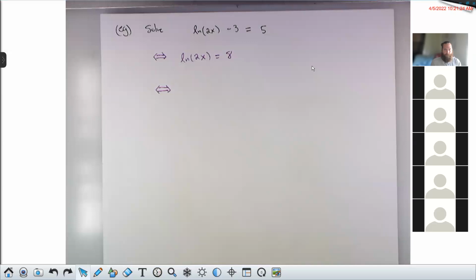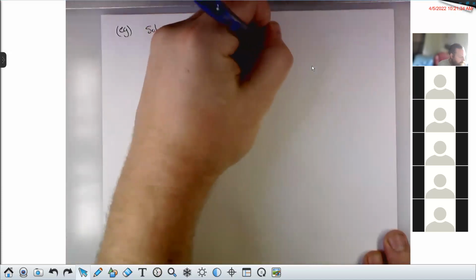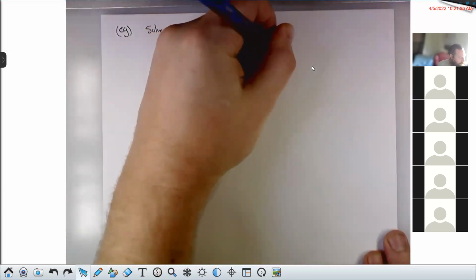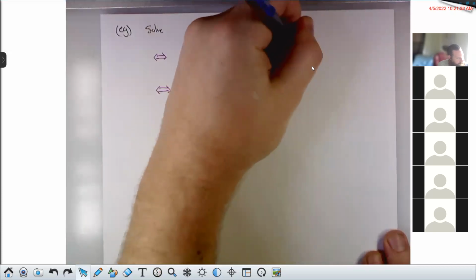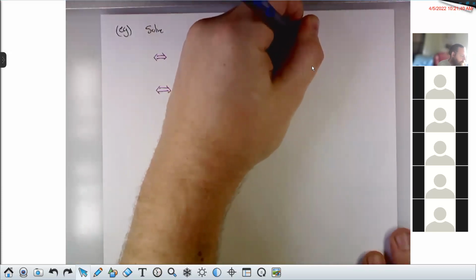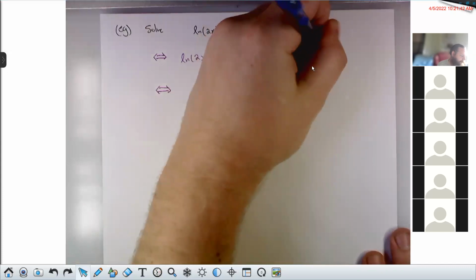Not 1. What is the base of the natural log? Not 10.